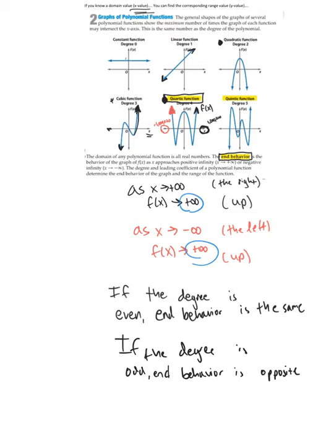An odd function would be a function like this cubic function. One of the arrows was going up, the other arrow was going down. They're opposite. Degree 5: one of the arrows goes up, one goes down. The end behavior is opposite. I want you to be able to look at a graph and describe end behavior.